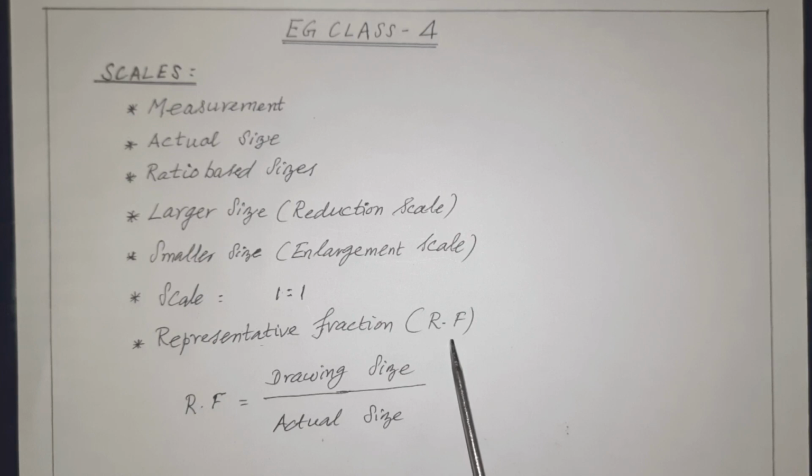Usually RF is the ratio between the drawing size and the actual size, as shown. Now let us see this with some examples for clear understanding.